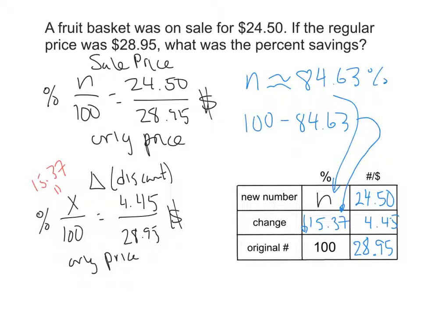One thing that's useful to recognize is that if you fill in the chart completely, you can answer any question that was asked about this problem. In other words, we could ask, what was the sale price on the percent side? Oh, the sale price was 84.63% of the original price. You can ask what the percent change was. You can ask what the amount of change was.